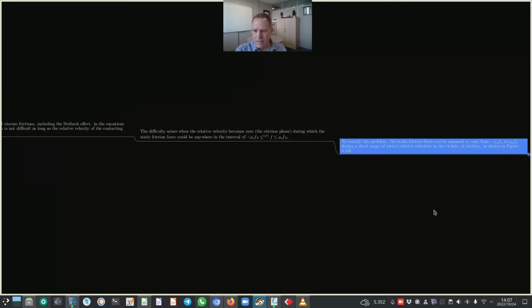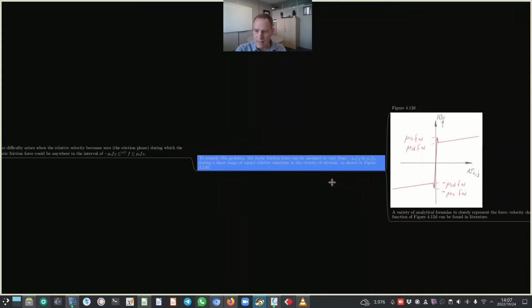Now, to remedy this problem, the static friction force can be assumed to vary from minus mu s Fn to plus mu s Fn during a short range of varied relative velocities in the vicinity of stiction. And this is shown in figure 4.12d.